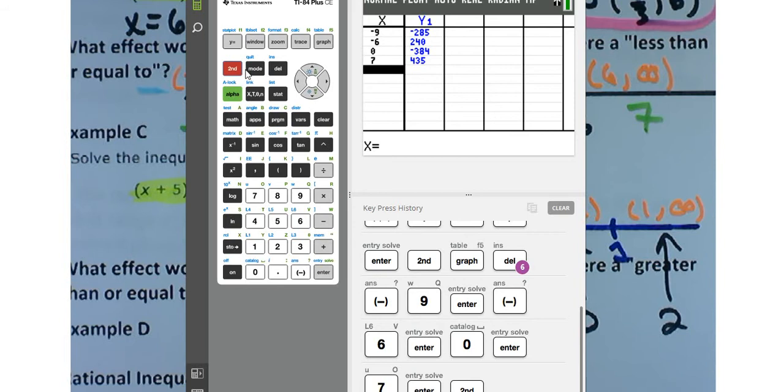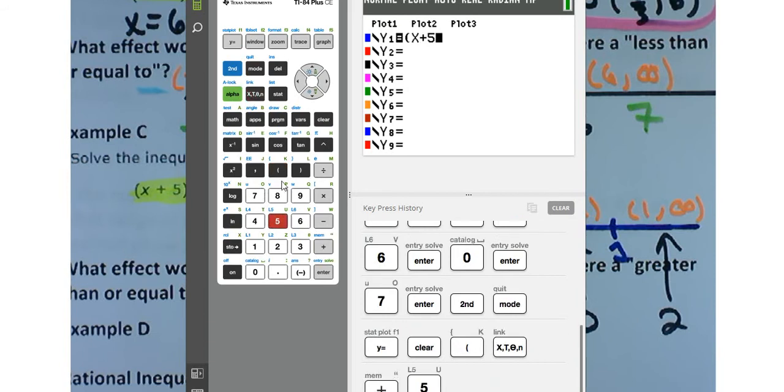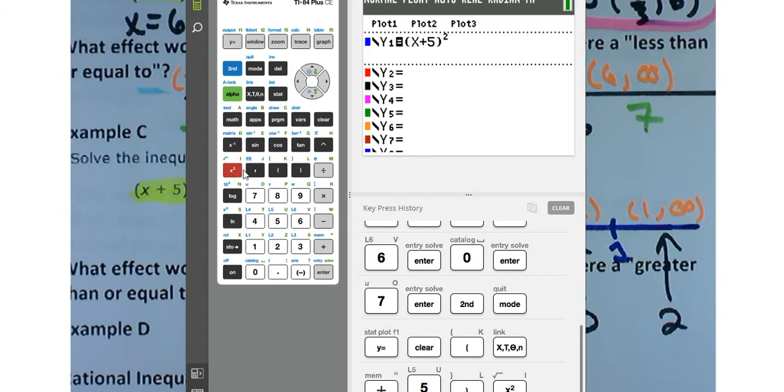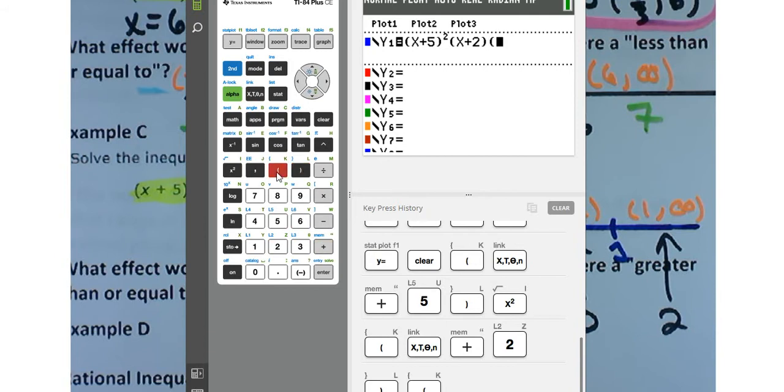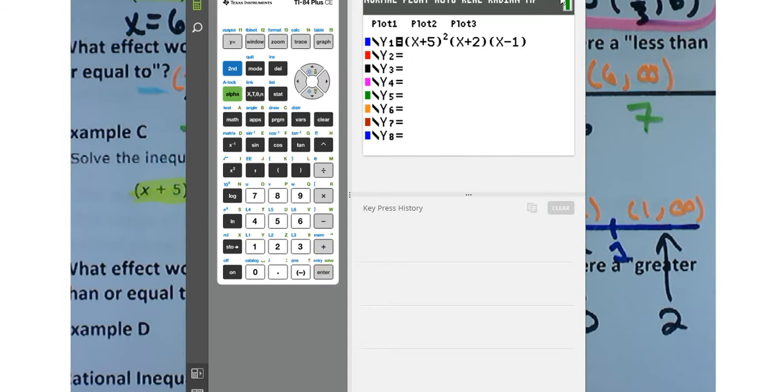So let me exit that, go over to here, parentheses, x plus 5, and then hit the square key midway down on the left-hand side, parenthesis, x plus 2, and then parenthesis, x minus 1. Just clear that out. It's getting a little messy there.